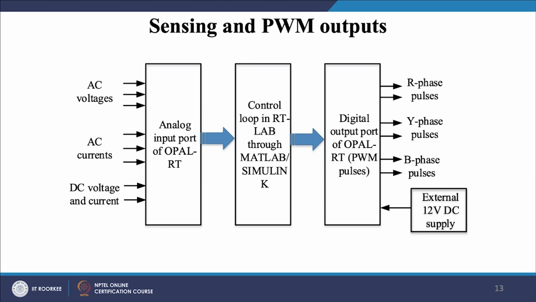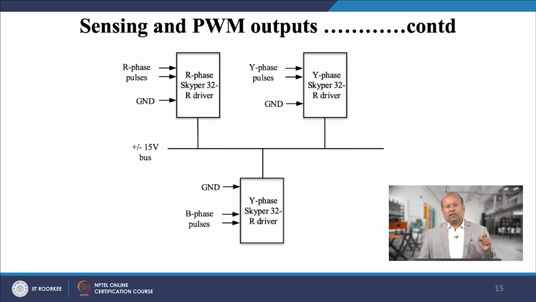Similarly, the PWM pulses generated by the control system need to be taken out of the digital output pins of the Opal RT. Now, these level shifted PWM pulses are generated in order: digital output pins 1 to 6 give PWM pulses.